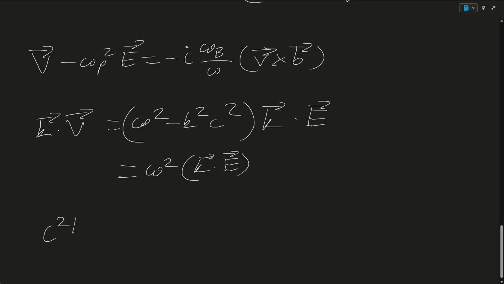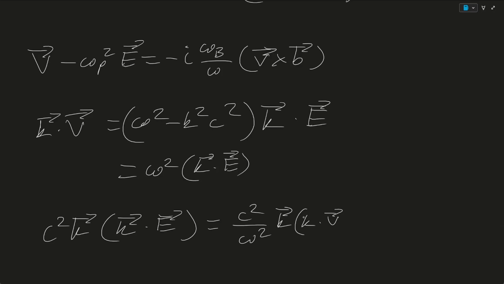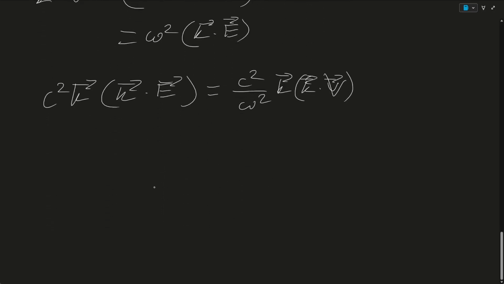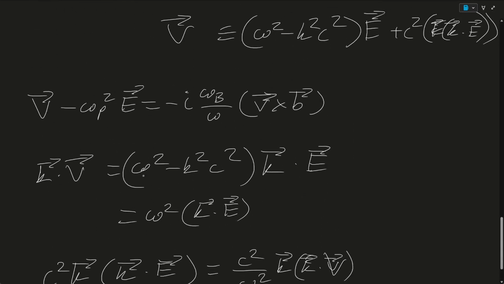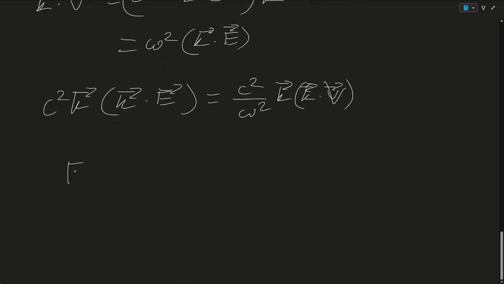So c squared k dot e is c squared over omega squared k dot v. That should be big V. So we now can shuffle some things and, forgot all of the arrows that time.